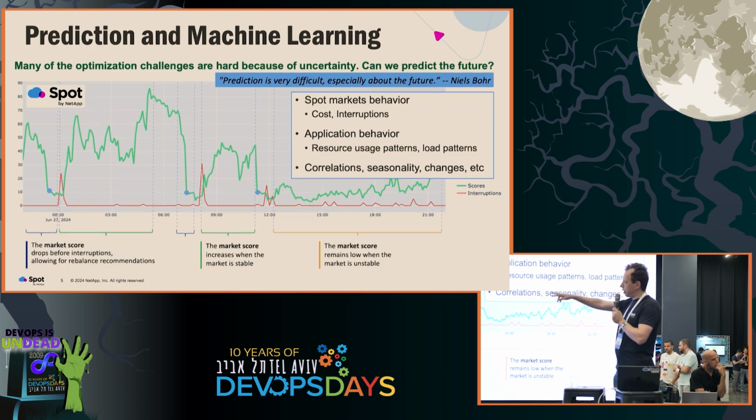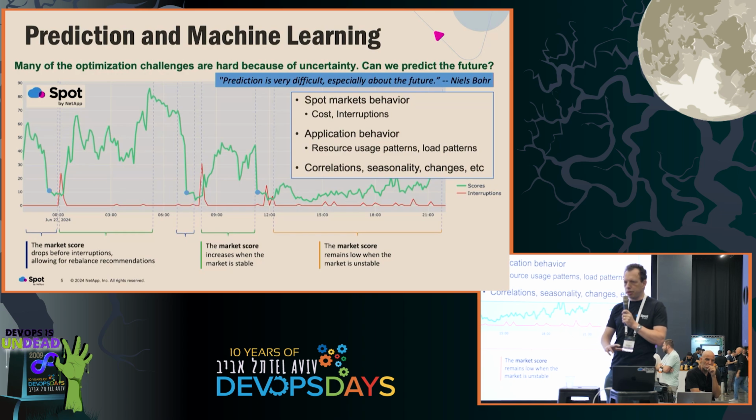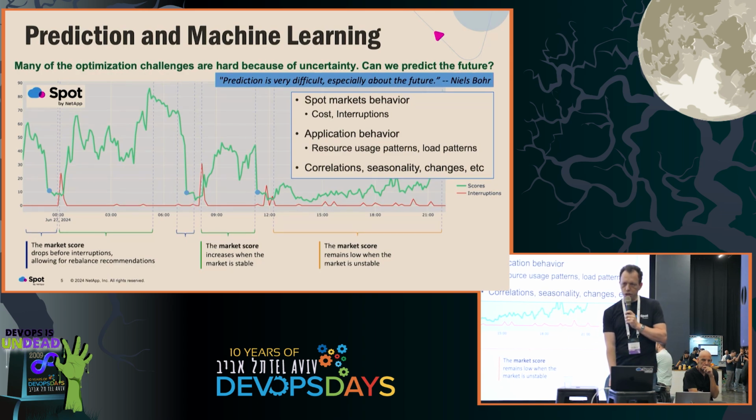You can see that the drops in the score precede the actual peaks in the interruptions by a certain amount of time. And this is the kind of thing that is very useful to do the optimization better, using the lots of data that we collect both from the cloud providers and from the actual machines that we are running.